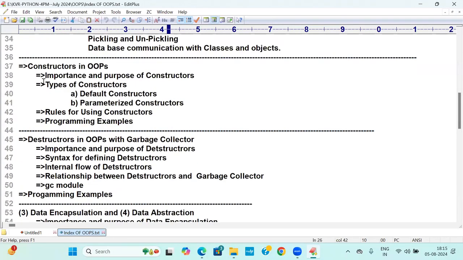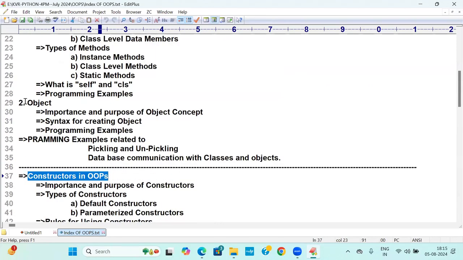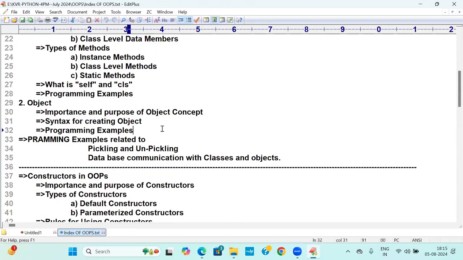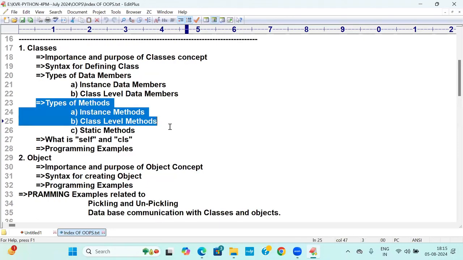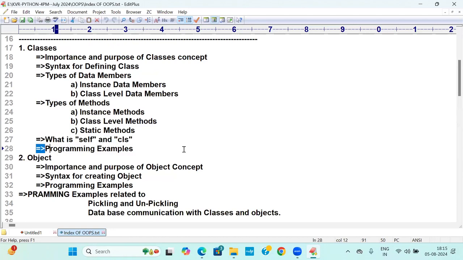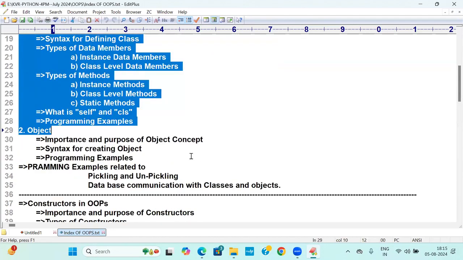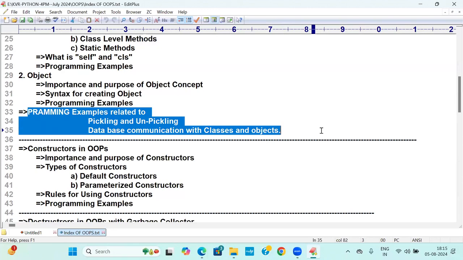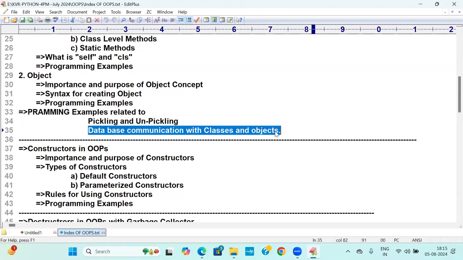We write inside constructors in OOPS: the object, importance and purpose of an object, syntax for creating an object, programming examples, types of methods, self and CLS, programming examples on every part of it, and OOPS with database communication.